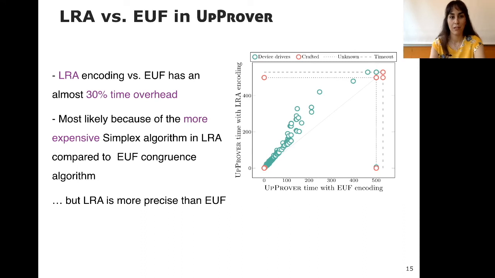We were also interested to see the performance difference between LRA encoding and EUF encoding. And we noticed that in general, LRA has an almost 30% time overhead compared to EUF encoding. And we guess this overhead might be because of the expensive simplex algorithm that LRA conducts.